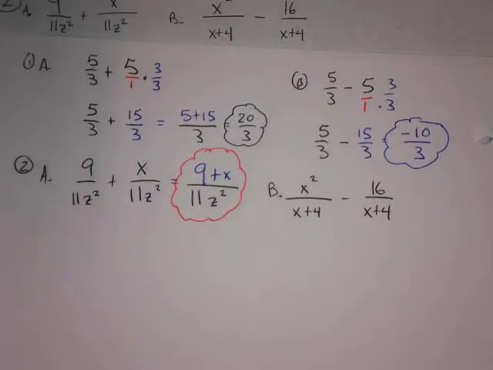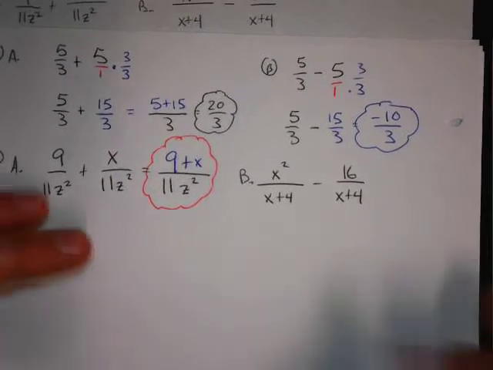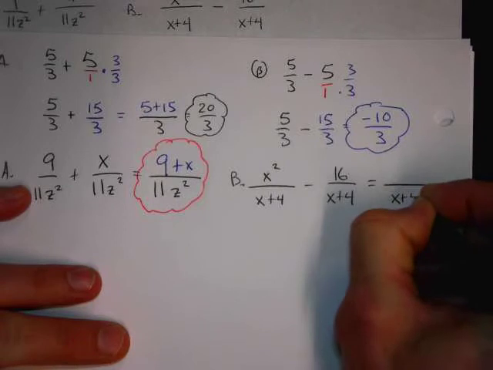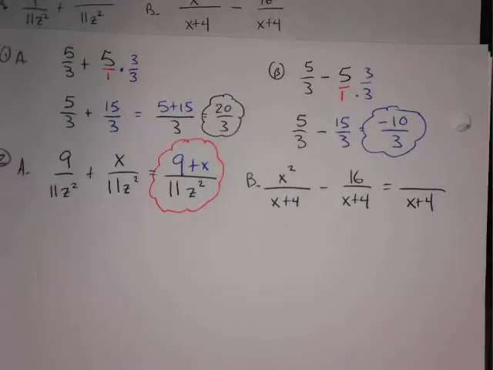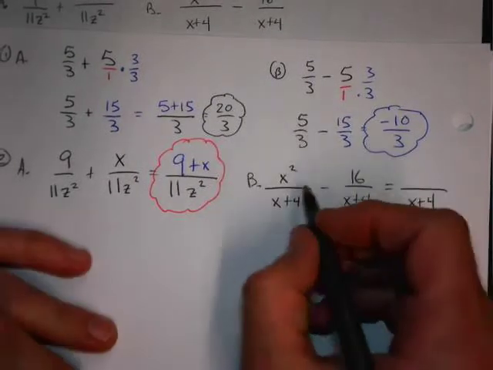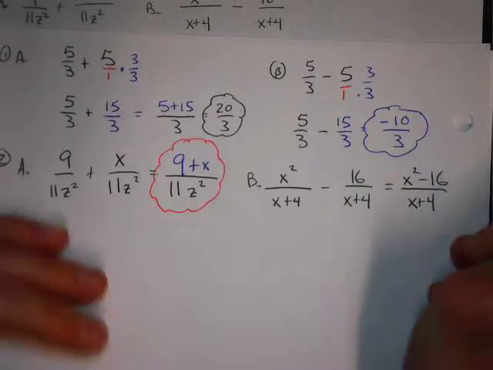The unit of measure, or the denominator, is the same, so I can feel free to operate with it as long as it's addition or subtraction. So it's going to remain x plus 4 as my denominator, or my unit of measure, over x plus 4s. Now we have to simply operate the numerator, x squared minus 16. So we have x squared minus 16.